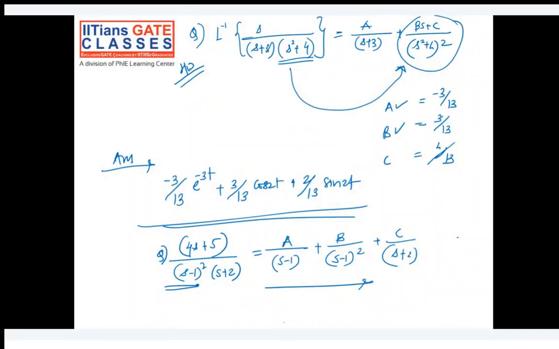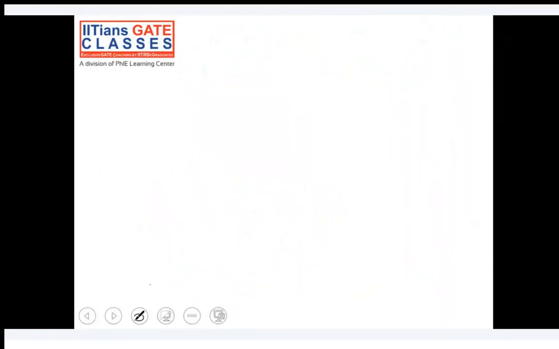Okay. Another way of solving inverse Laplace transform problems is convolution theorem. So write down heading convolution theorem. Let's see what is convolution theorem.